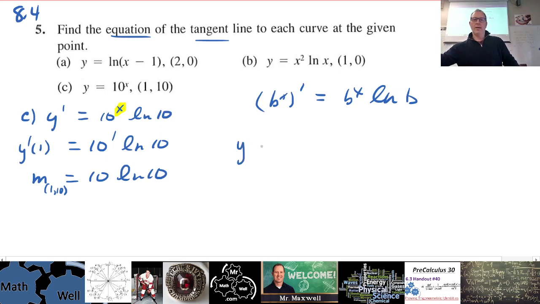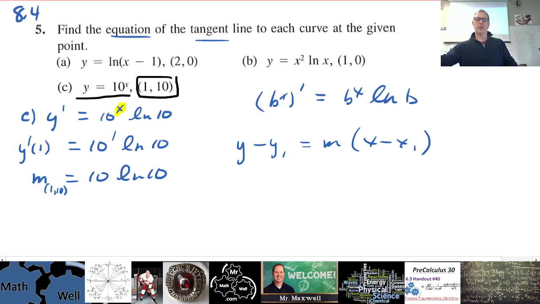Okay, and the next part is y minus y1 equals m times x minus x1. You want to find a point that you know is on this graph, which is given to you. Actually, you have to use the point of tangency, because that's the point that goes with the tangent line that we found the slope of. So it's y minus 10 equals m, that's 10 ln 10, x minus 1.